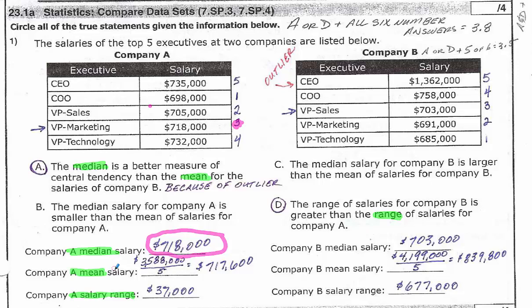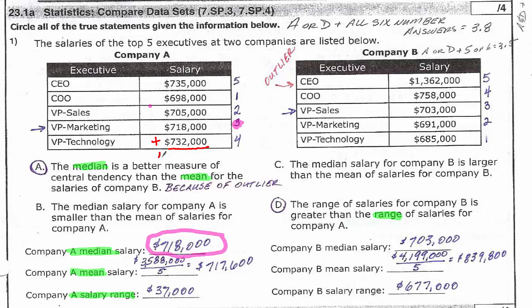The next thing we looked for was the mean salary. Now the mean is: add everything together and divide by how many there are. So take this entire box full of salaries, and add them together. I'm going to go through and add everything up. I'm adding everything right there.